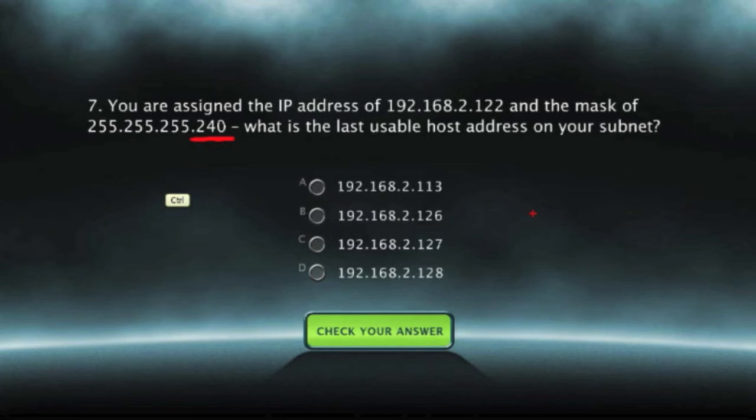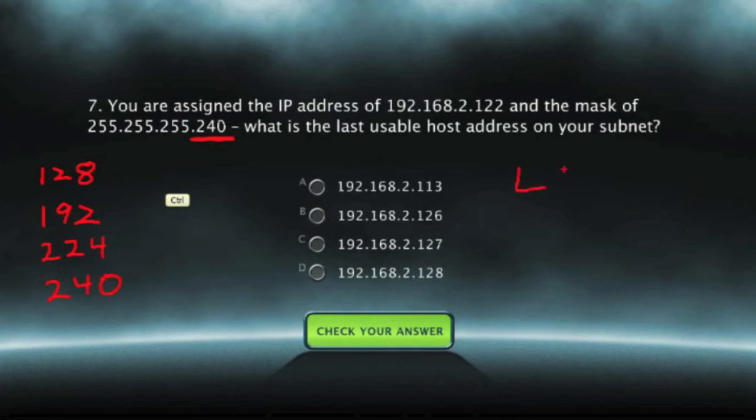If we did 1 bit, it would be a 128 in that field. 2 bits, it would be a 192. 3 bits, a 224. 4 bits, it would be a 240.